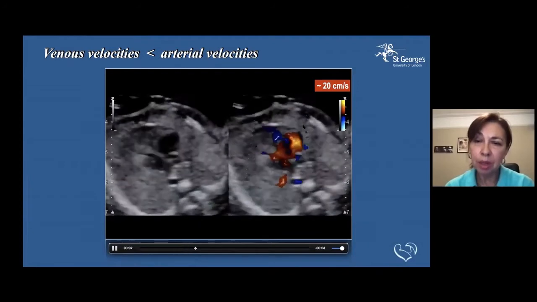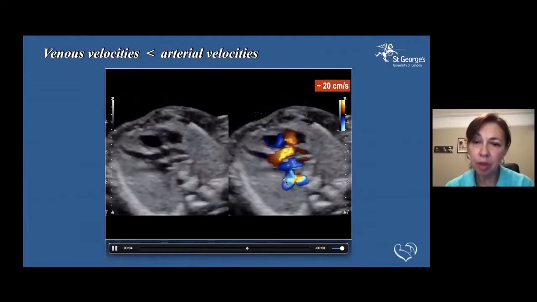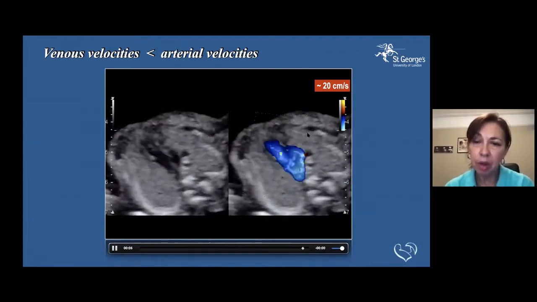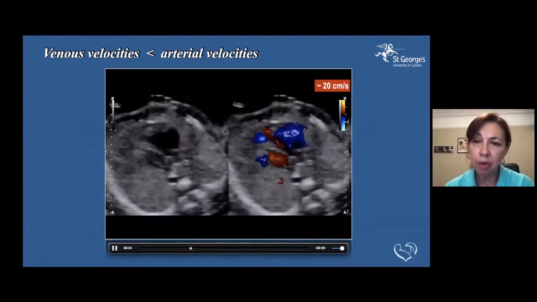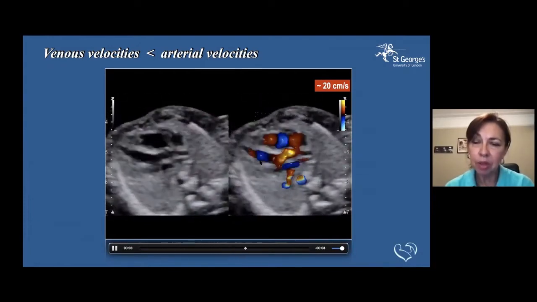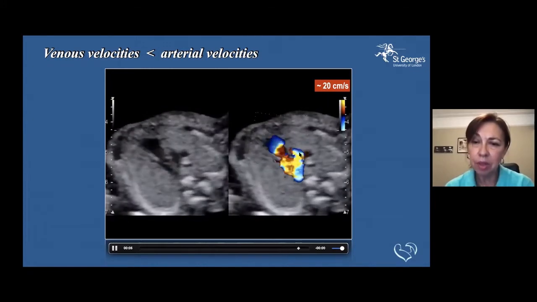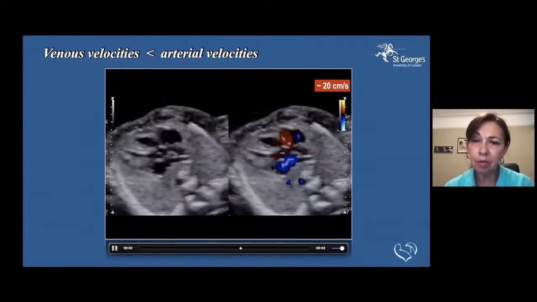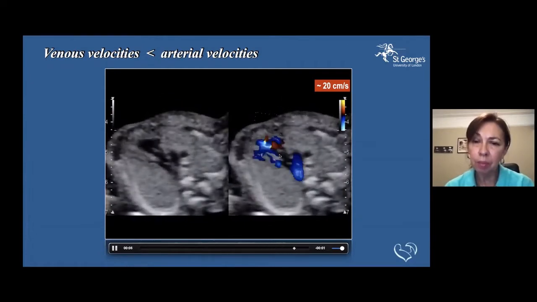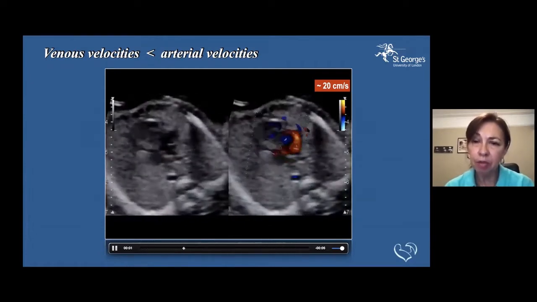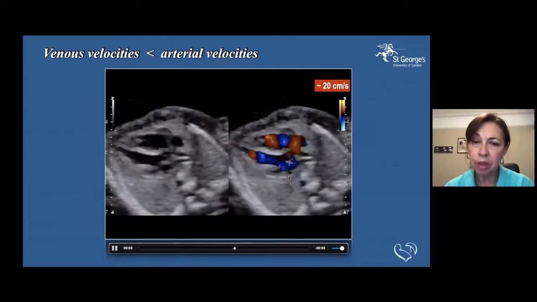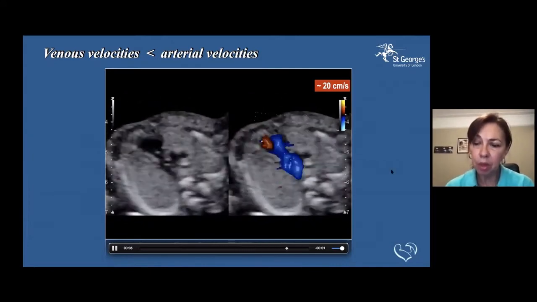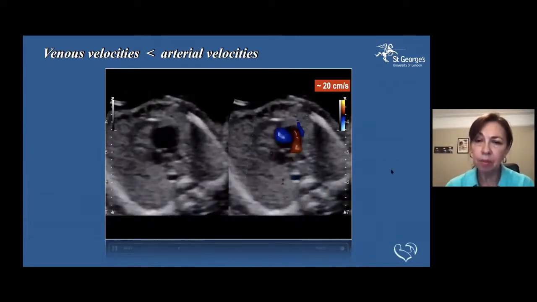We can see that the velocities across the pulmonary veins just appearing here are also low, but if we look at the intracardiac velocities and the arterial velocities, it's all a bit of a blur because this is too low a setting for looking at the aorta and the pulmonary outflow tract, but very nice for the pulmonary veins and the umbilical venous return, as we've just seen.